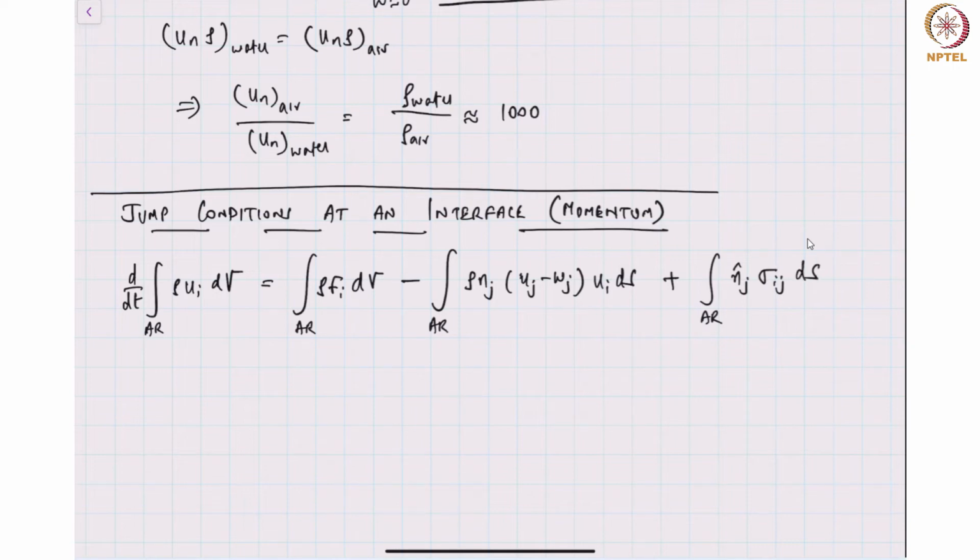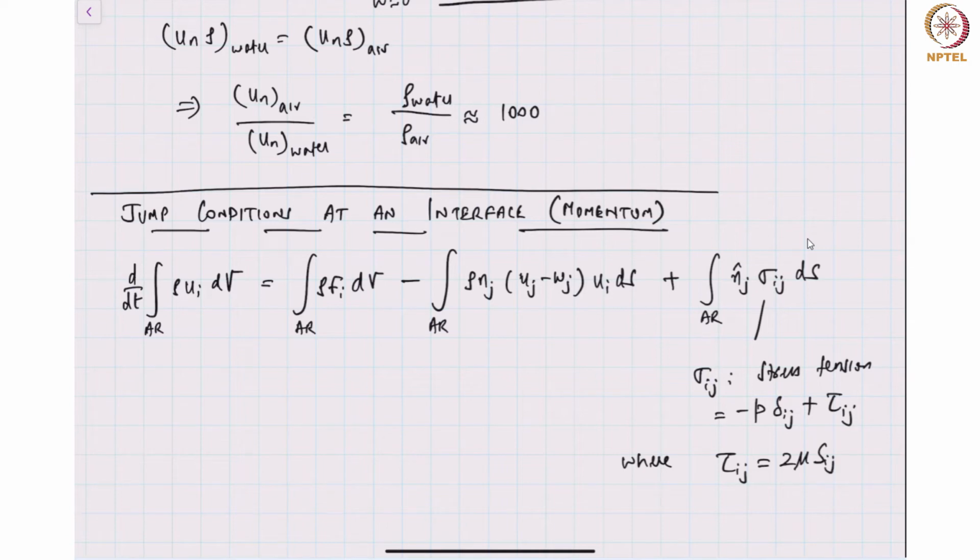So here sigma ij is the stress tensor. For those who know, the stress tensor will be the pressure term from the isotropic part plus the deviatoric stress tensor, where if it's a Newtonian fluid, the deviatoric stress tensor tau ij will be 2 mu times Sij, where Sij is the strain rate tensor.